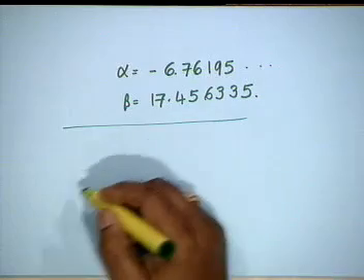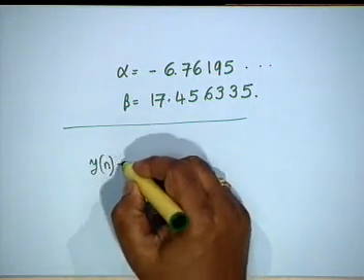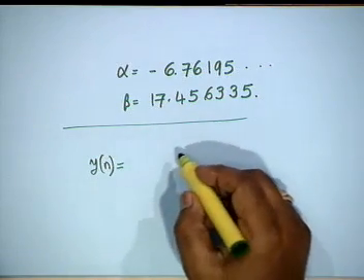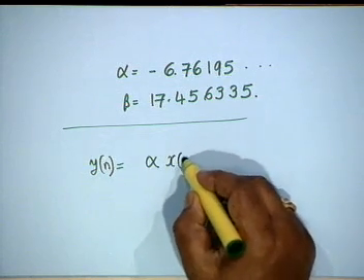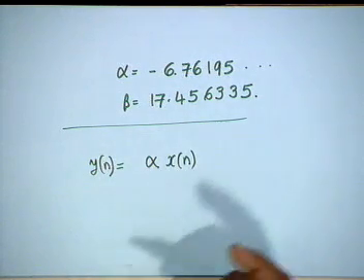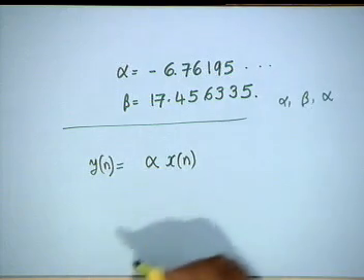Now, obviously, after you have found out alpha and beta, the system is now known. What would be its difference equation, for example? You remember, h of n is alpha, beta and alpha, that is all.